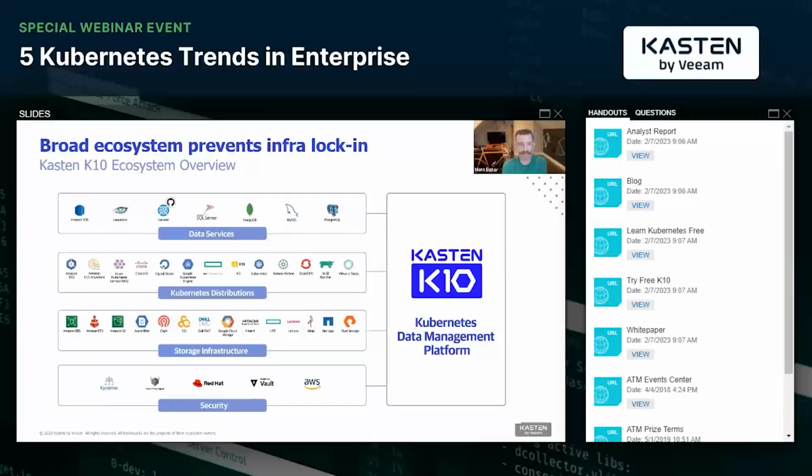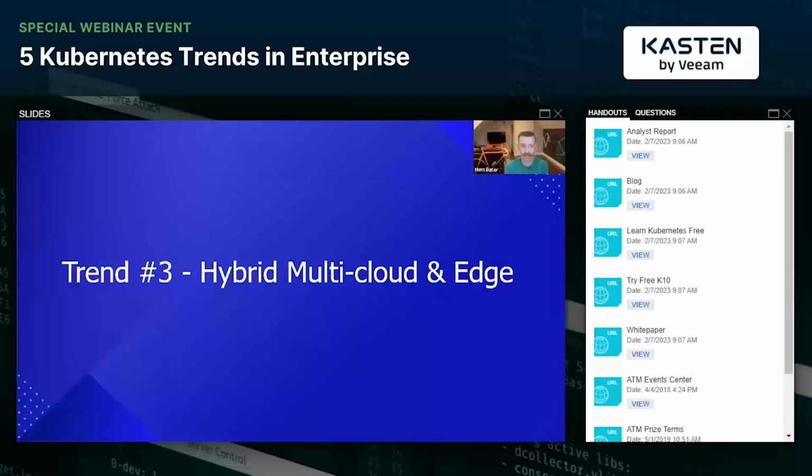Having that flexibility to run on a distribution or in a managed service that's potentially going to present the best performance or best economic outcome for that particular workload, which I think leads us directly into our next trend, which is just the rise of adoption of hybrid multi-cloud architectures or hybrid cloud plus edge architectures.